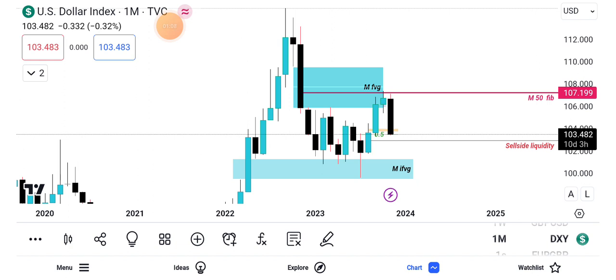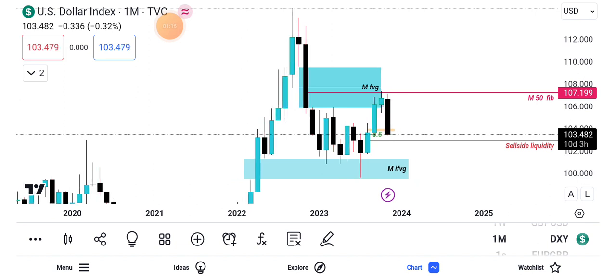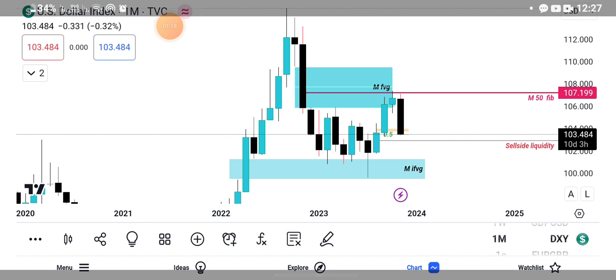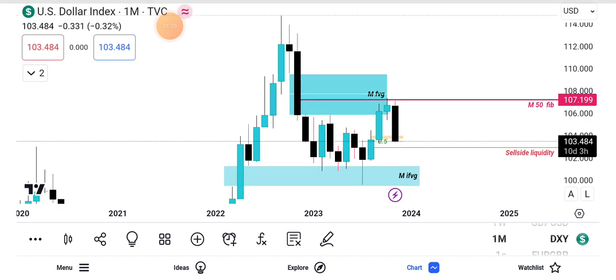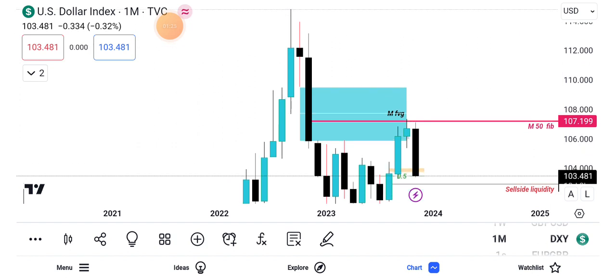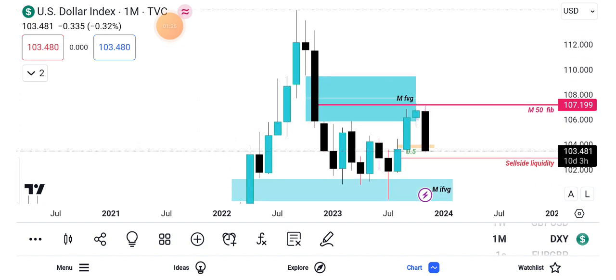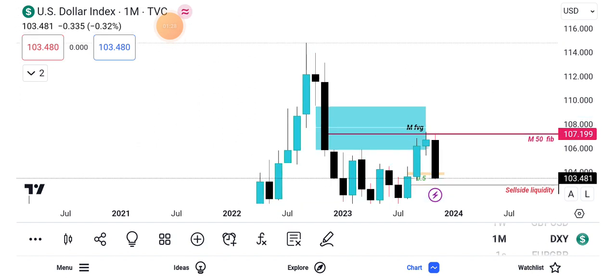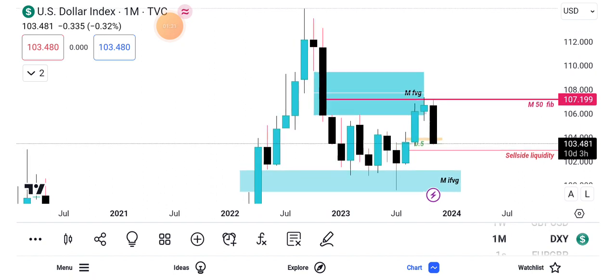Okay, so as you can see from our screen there, what we have is the monthly time frame, and you can see it clearly there, and I want to start from this time frame. So what can you see, for those guys who trade ICT?